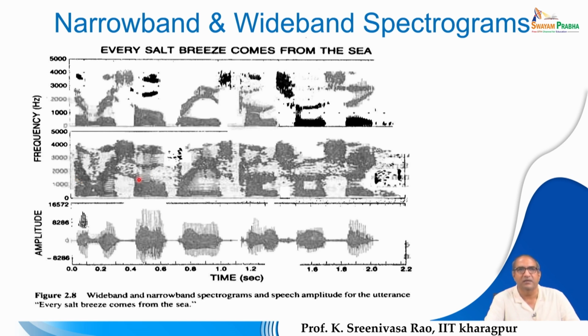If you look at certain portions here, for example "salt breeze", maybe here it corresponds to "breeze". The first sound corresponds to B, where you can see almost no low frequency content at all, and there is some high frequency content. In the 0 to 4 kilohertz range, up to almost 1500 hertz, it's almost white.